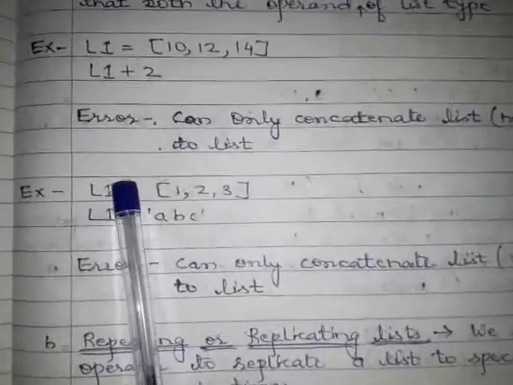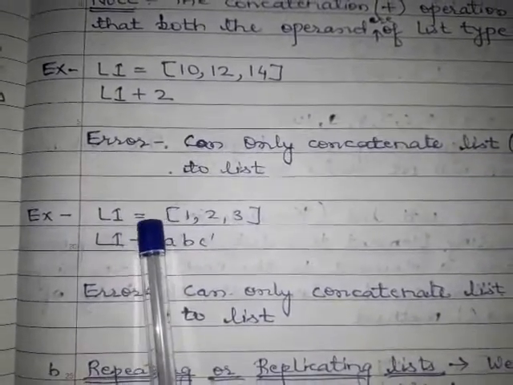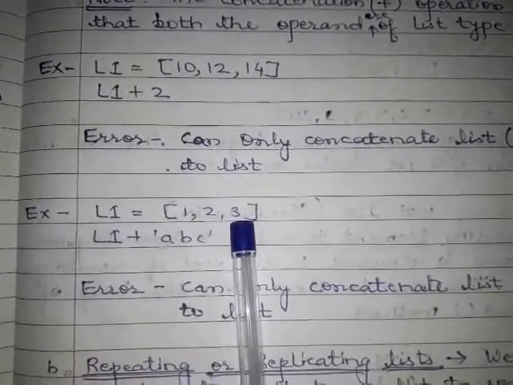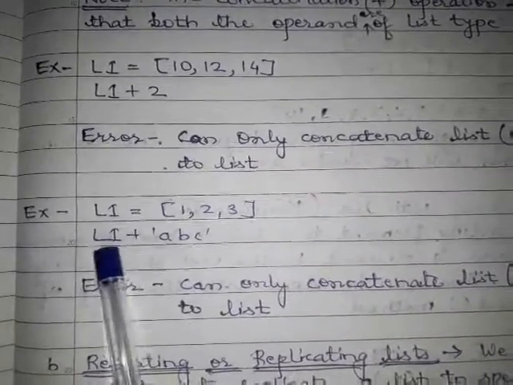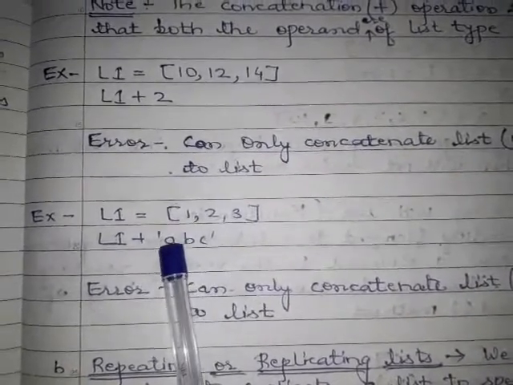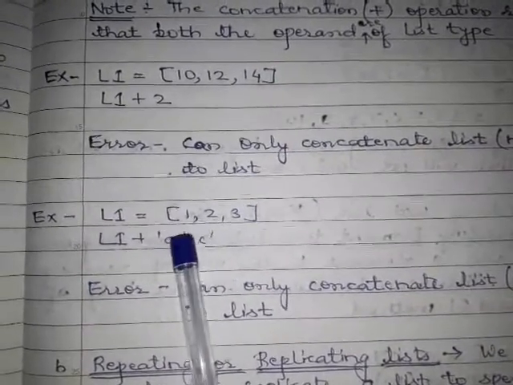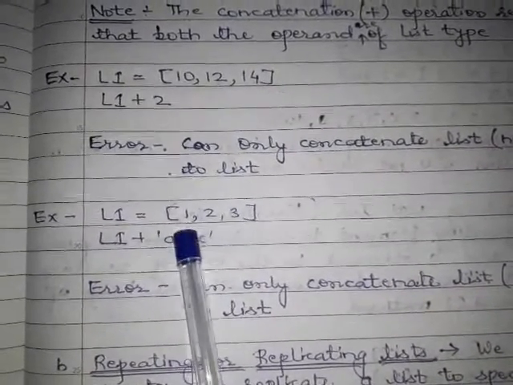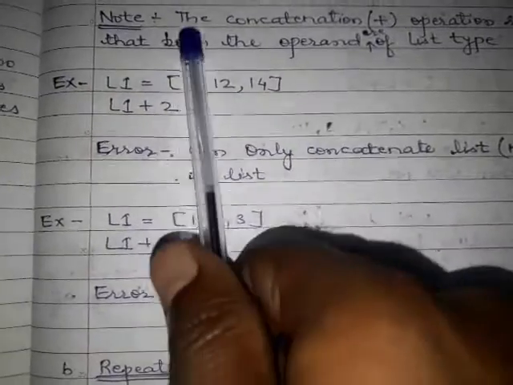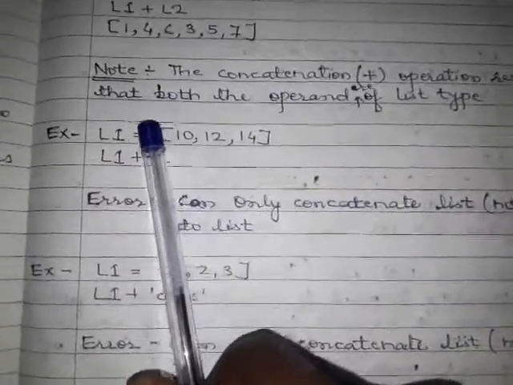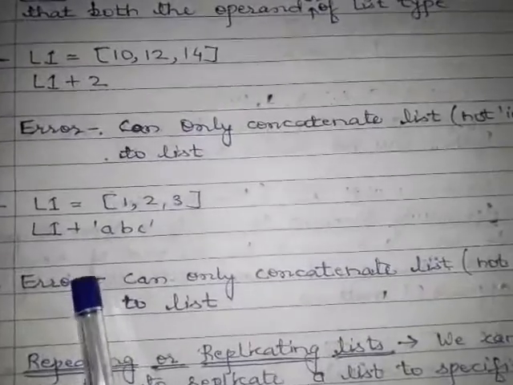Okay, let's look at another example. Here L1 equals 1, 2, 3 and now I am appending the list with a string. The string is in single quotation marks, ABC. So I am appending list 1 with a string. In this case also an error message occurs, because our rule says a list can be concatenated only by a list.